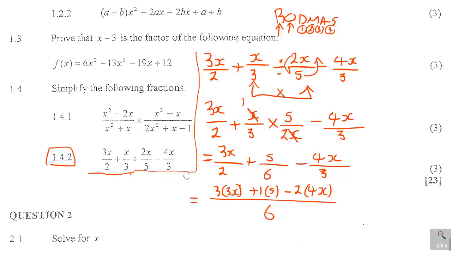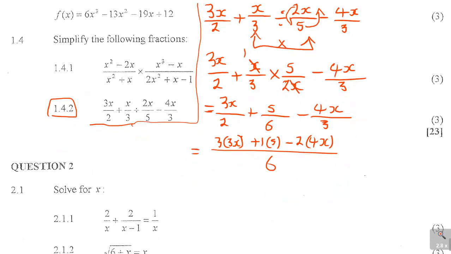And then when we continue with that, what we will be having is 9x plus 5 minus 8x over 6, which is equal to 9x minus 8x. These are common terms. So it's 9 minus 8, which is 1. So it's 1x plus 5 over 6.